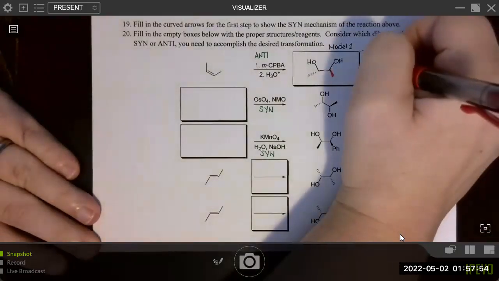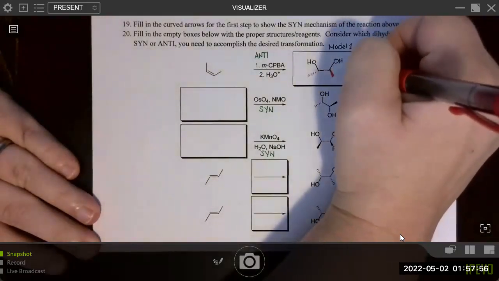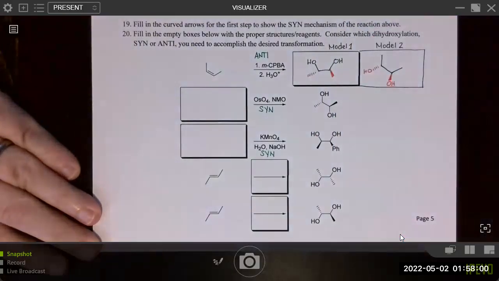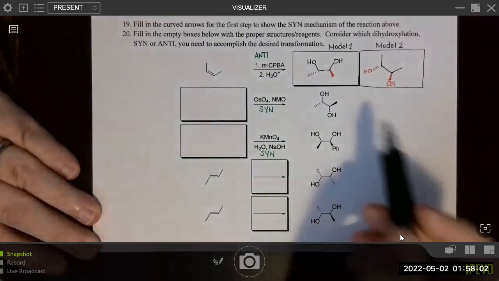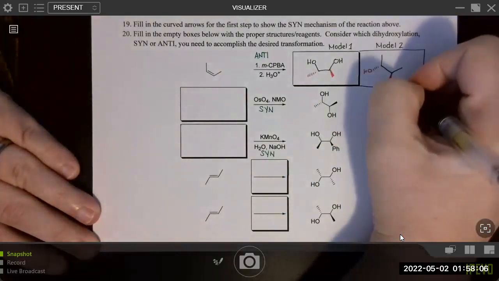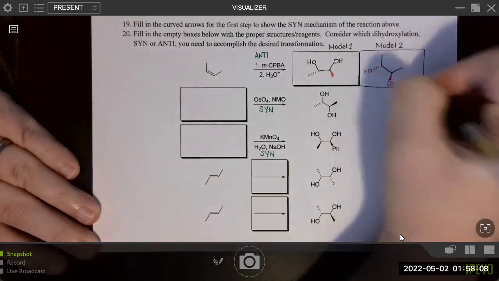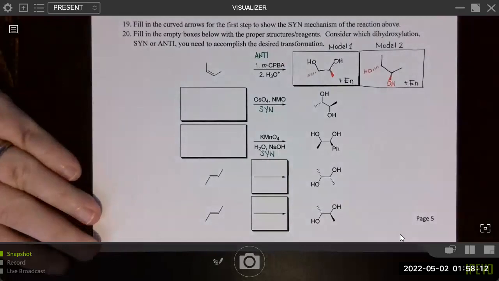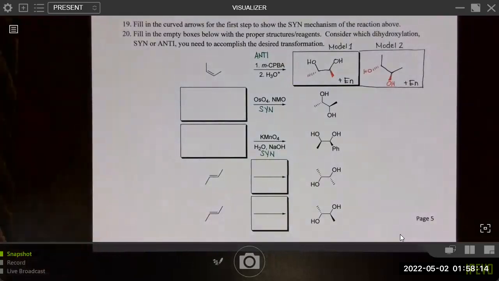So one would go down and the other one up. And of course, this is not a meso compound, right? So this is going to be plus the enantiomer in both cases. Two different ways of drawing that product.